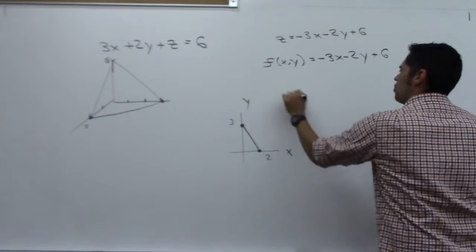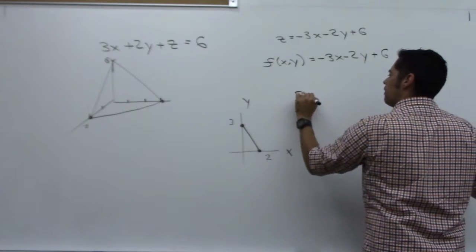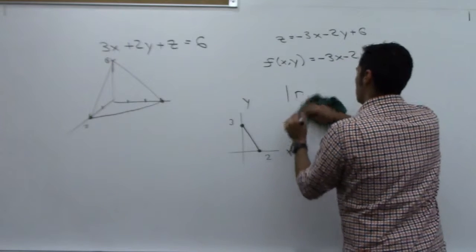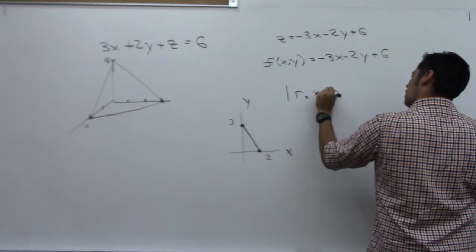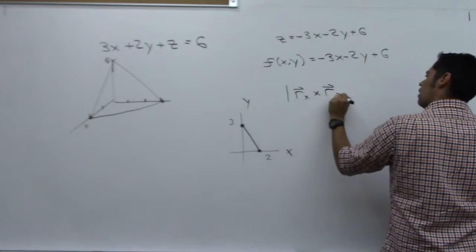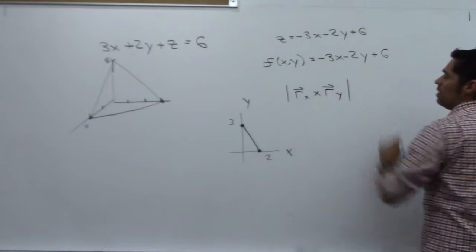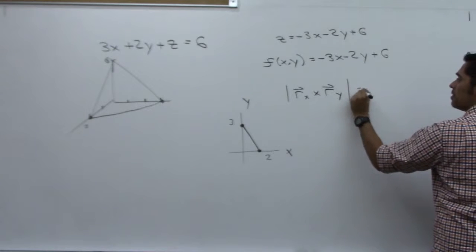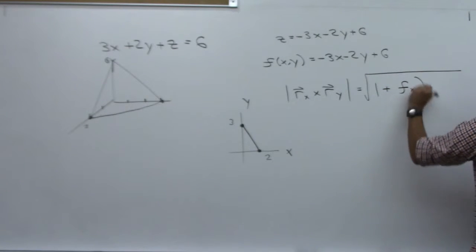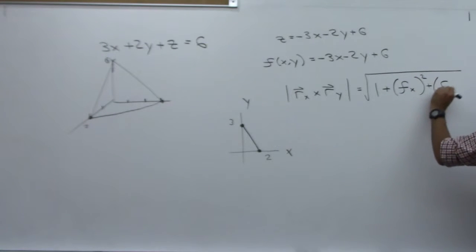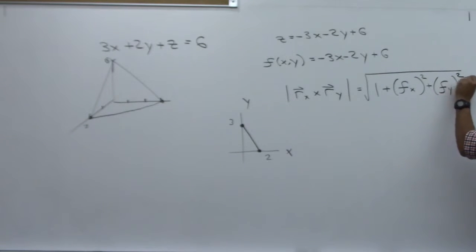And we can use the special formula. Since the z coordinate is a function of x and y, I know that this is going to be the square root of 1 plus the partial of f with respect to x squared plus the partial of f with respect to y squared.